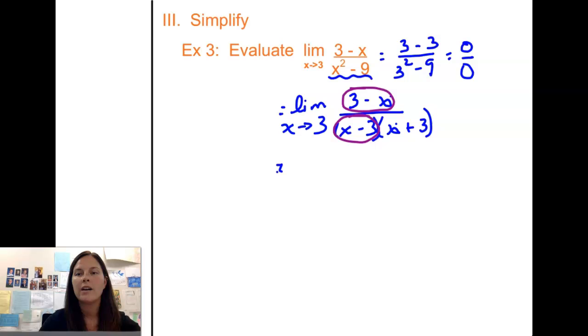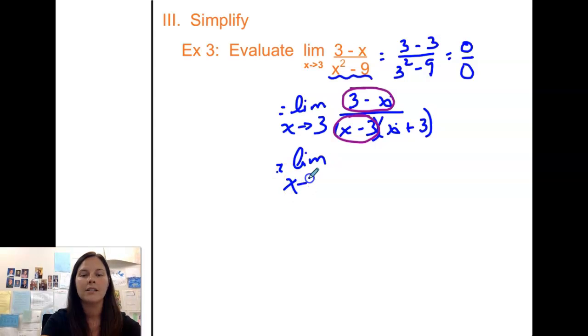So what I'm going to do now is factor out a -1 from that numerator. I'm still not subbing in for x, so I am still keeping my limit notation. I'm going to rearrange this so that it matches my denominator exactly. So factoring a -1 out of -x gives me a positive x, and factoring -1 out of a positive 3 gives me a -3, leaving my denominator alone.